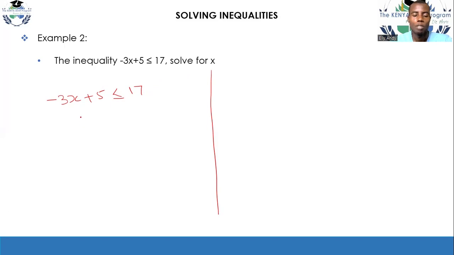And we start that by subtracting 5 here. And remember, whatever you do to one side of the inequality, you must also do to the other side. So we have -3x plus 5 minus 5, that is 0. So we just have that there. Then 17 minus 5, that is 12. The next step is to divide both sides by -3. So we have that there.